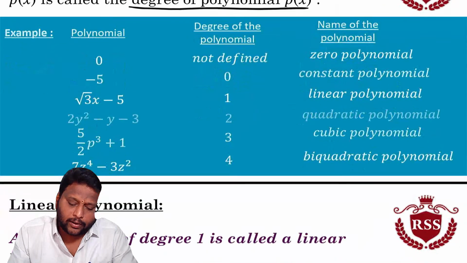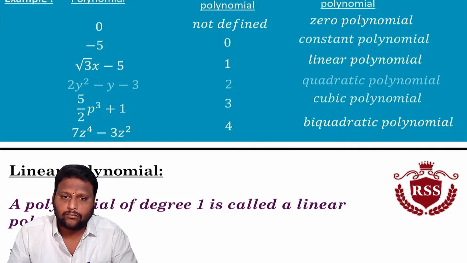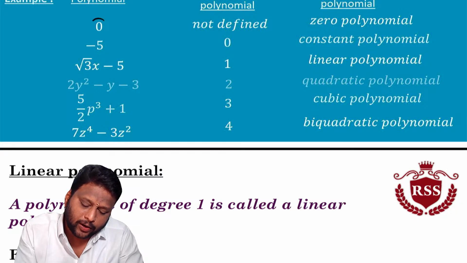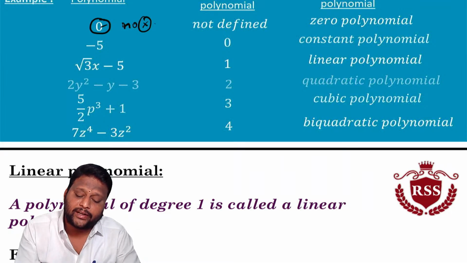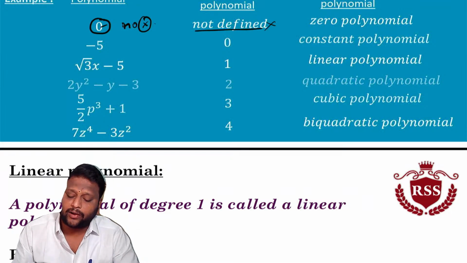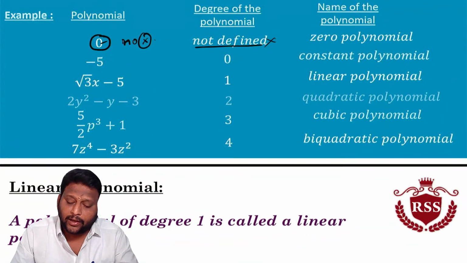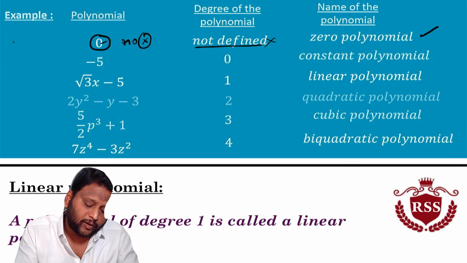If you see, 0 is a polynomial. There is no x in this, and it is 0, that's why the degree of the polynomial is not defined, and the name of the polynomial is zero polynomial. If p of x is equal to 0.